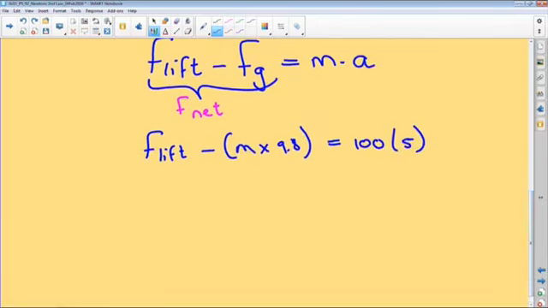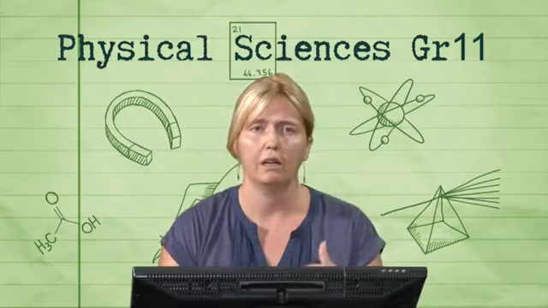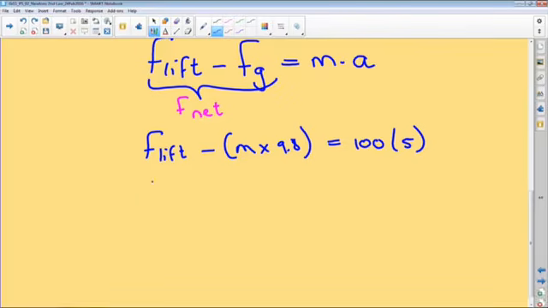Now remember, you can break them up, but because it's all acting on the same object, you might find it easier to substitute it into the one equation. So my lift force minus 100 times 9.8, which should give me 980, is equal to 500.